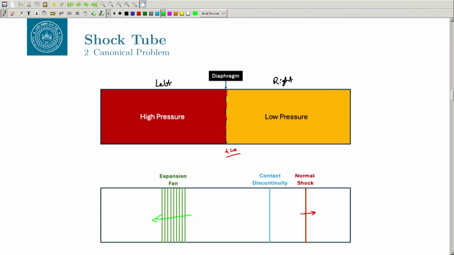Across the shock the pressure will increase like this, and here it will decrease like this, and you will have the contact discontinuity. You will not see the signals of the contact discontinuity in the pressure, but you can see it in density. It is kind of a slip line.